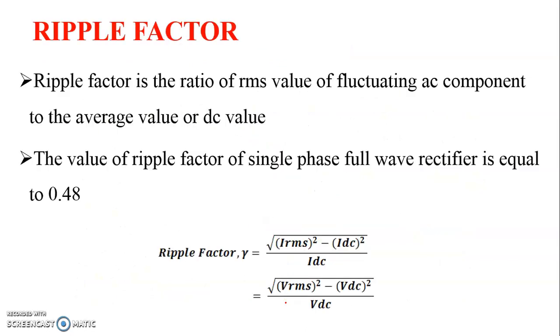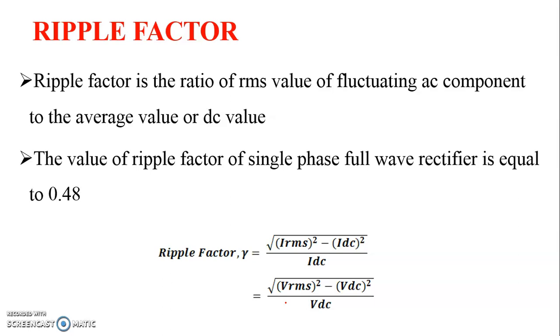Next is the main parameter, that is the ripple factor. Ripple factor is nothing but how well the alternating quantity is converted into DC. Ripple factor is the ratio of the RMS value of the fluctuating AC component to the average value or DC value.